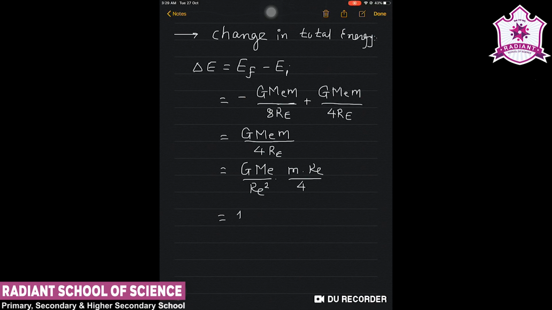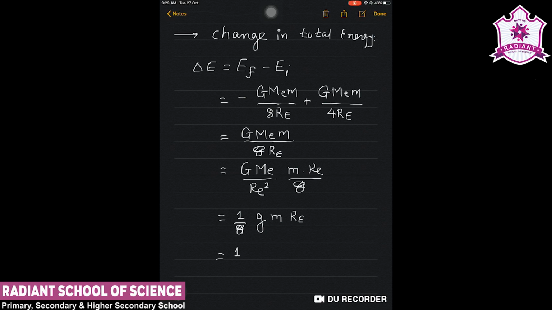So this will be 1 by 8 g m Re. Now when we put all the values, we get the answer as 8, not the 4, but it would be 8.